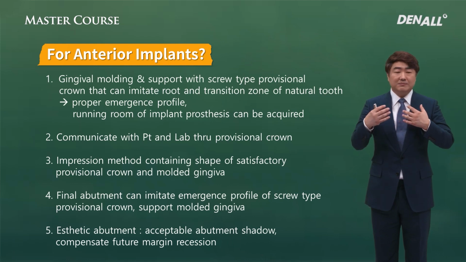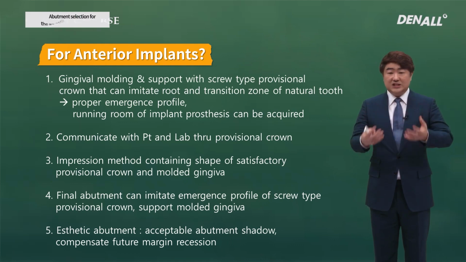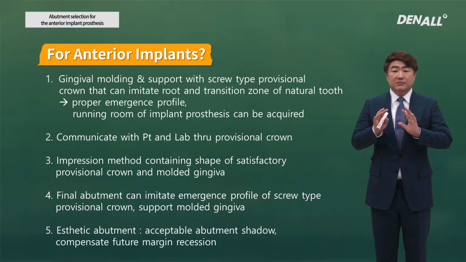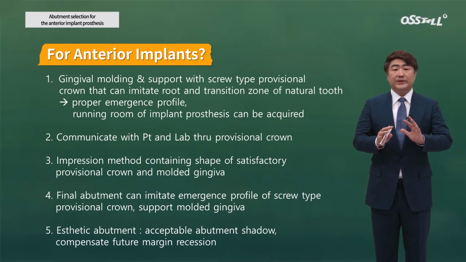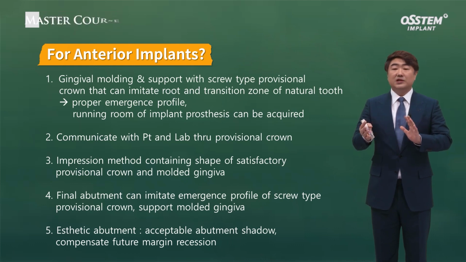The emergence profile with the provisional crown and running room are imitated or referenced to be used for the abutment selection or to design the abutment. And the material of the abutment needs to be an aesthetic one, so it should have an acceptable abutment shadow and should be able to compensate for any potential future margin of recession.